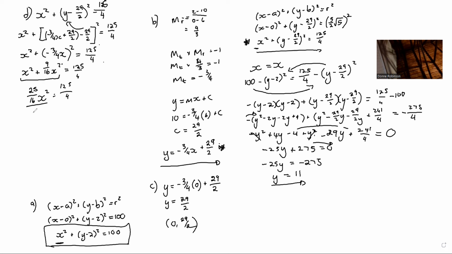Okay, let's divide this side by 25 over 16. What we do on the one side, we have to do on the other side. And a little trick, a lower grade trick, but if you don't have a calculator, this big divide, we can also say that it's 125 divided by 4 multiplied by 16 over 25.